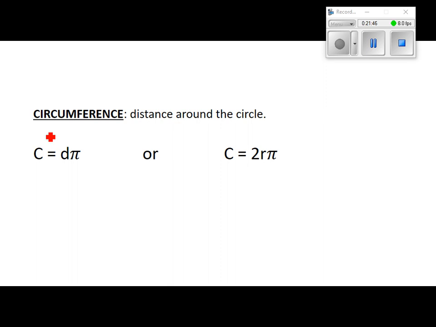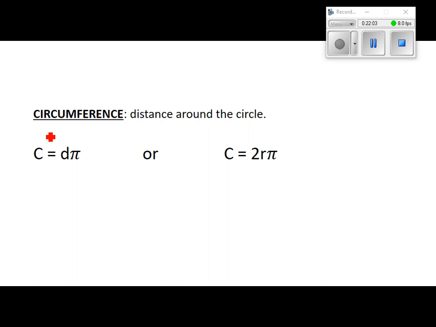Some of the homework today, they're going to ask you to give the circumference in terms of pi, and some of it's going to say give it to the nearest tenth or hundredth or whatever. So some of it you're going to want to use your calculator on, some of it you're not.